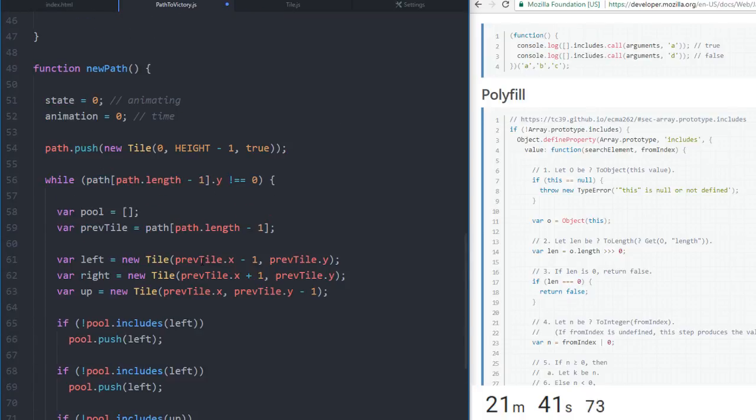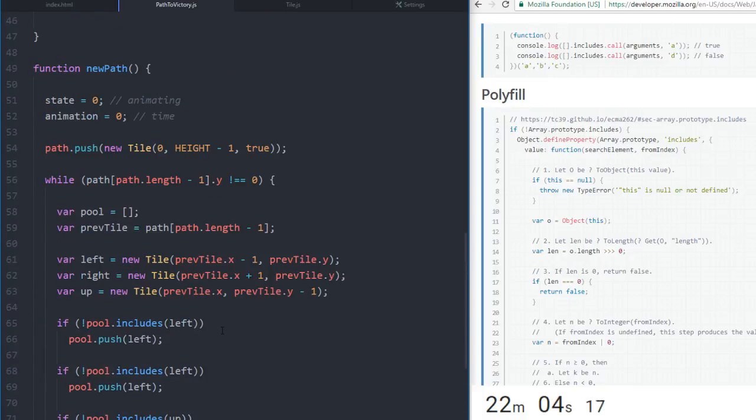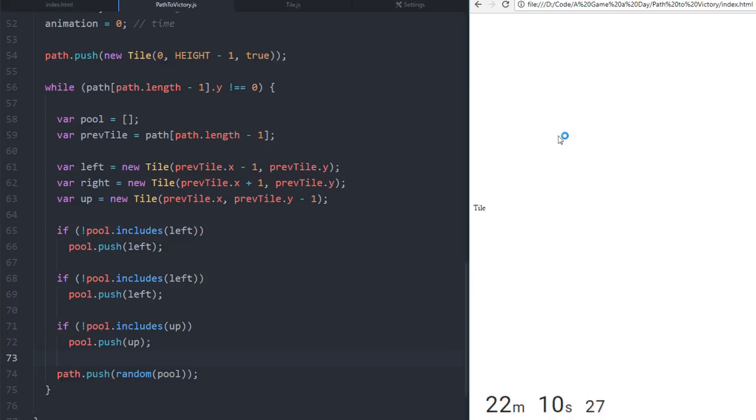So path dot push, path dot push random pool. There we go. That should do it. Let's try it. Hopefully it doesn't crash this time.